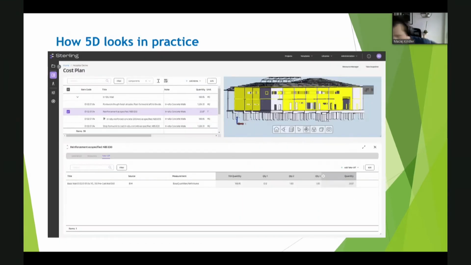So, a quick reminder of how the 5D looks. There are multiple tools on the market, such as I2, Costx, DeCo Office, that provide you the connection between BIM model and estimates with resourcing, and you could use any of them. I decided to use an example on a platform called Sterling for a simple reason.